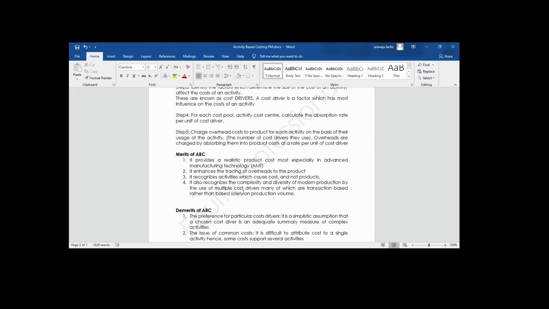Number 2, it helps the company to trace overhead cost to individual products. Number 3, it recognizes the activities that give rise to cost.